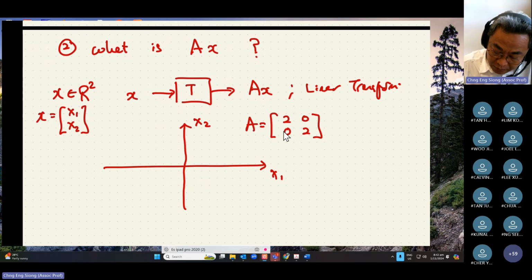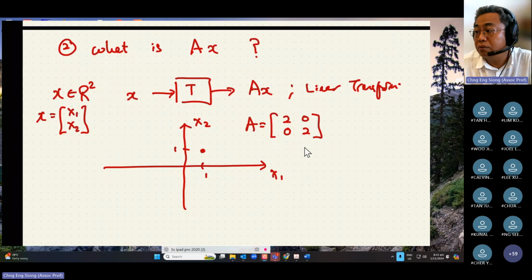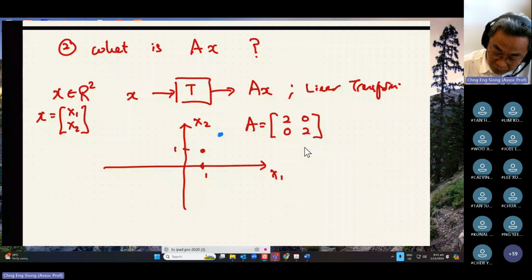And then I'm going to put one value here first. So this is (1, 1), the input. What is my output, guys? If my input x is (1, 1), so this is 1 and this is 1, my output would be (2, 2). Where's (2, 2)? Here. So now if my input is (1, 0), my output is (2, 0).